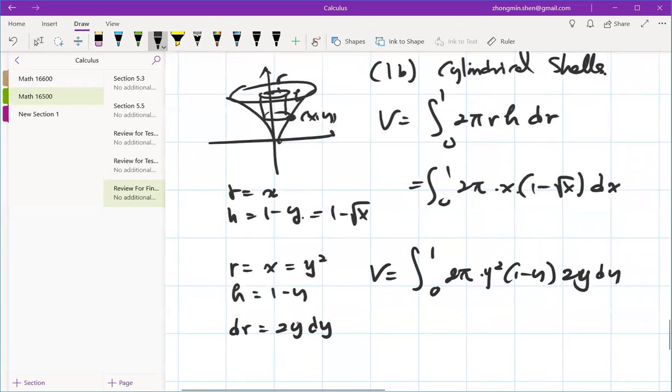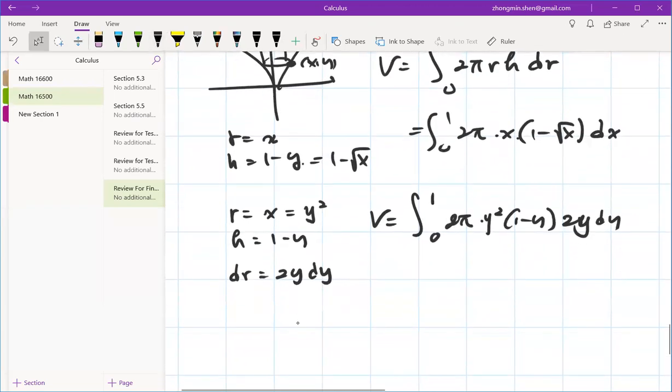Now this is a very complicated function, but I guarantee you, this will give you the same value.